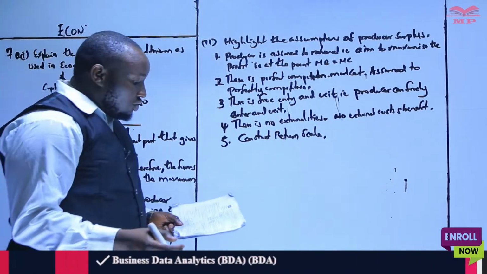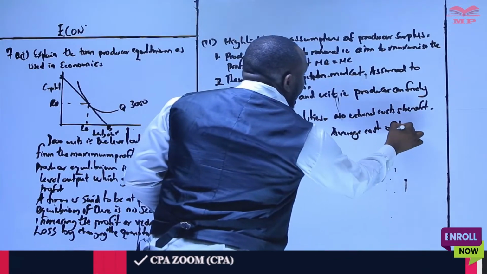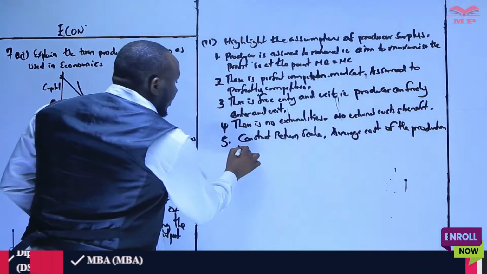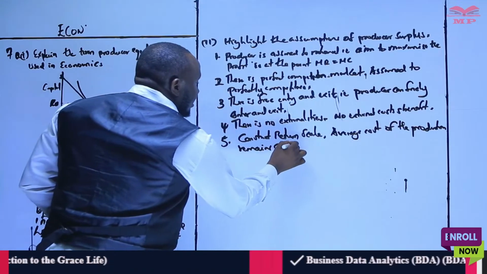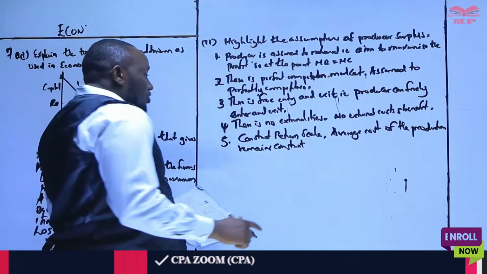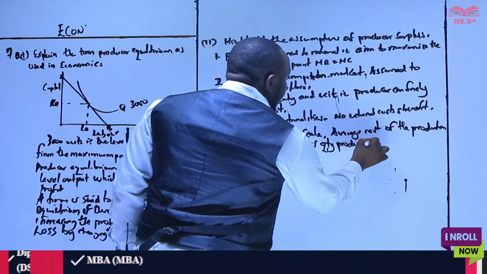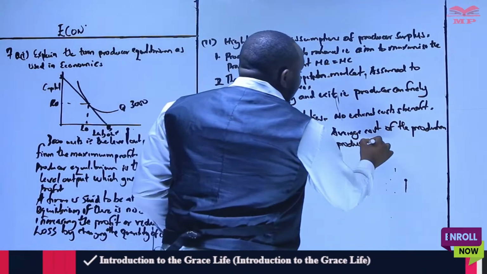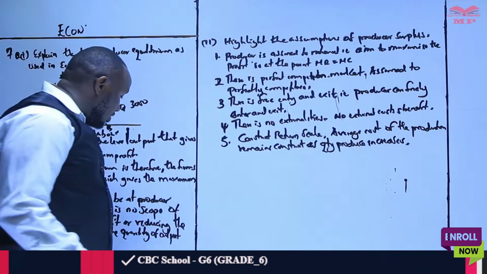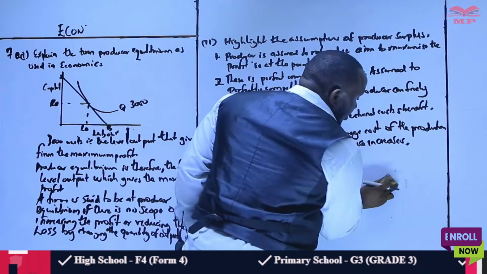We know that the average cost of production remains constant as quantity produced increases.